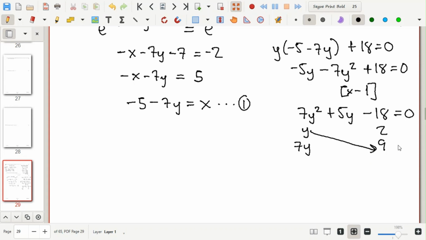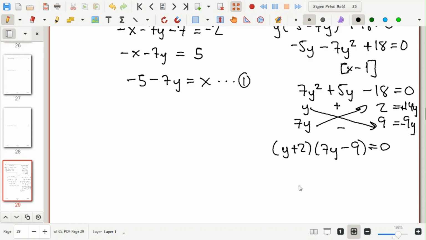So let's cross multiply. This will give me 9y. This will give me 14y. What can I do to these two to get the middle term? When it's plus and minus, I'll get 5y. So plus minus. So my factors are (y plus 2)(7y minus 9). So y is equal to negative 2, or y is equal to 9 on 7.